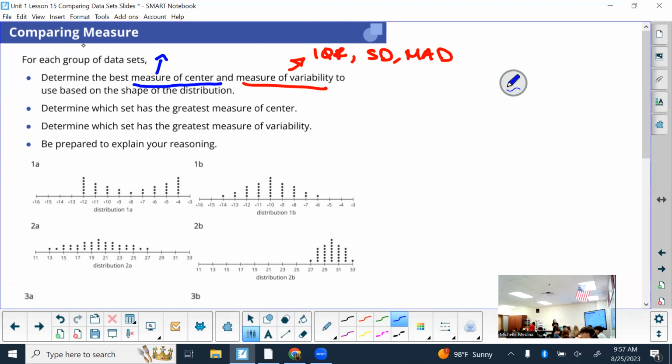A mean. And one more major one. Perfect. Everyone star, highlight, do what I do, like this is printed for you. Measures of center, circle it: mean and median. Measures of variability: IQR, standard deviation, MAD.